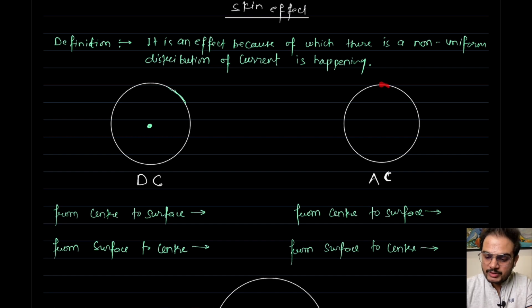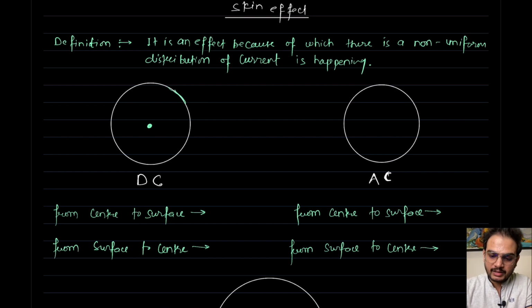That is the non-uniformity in current density.